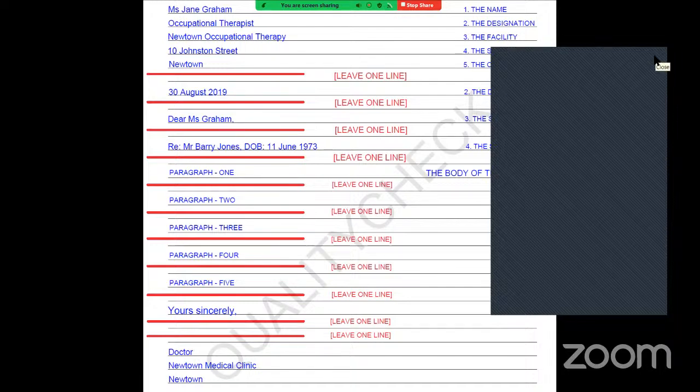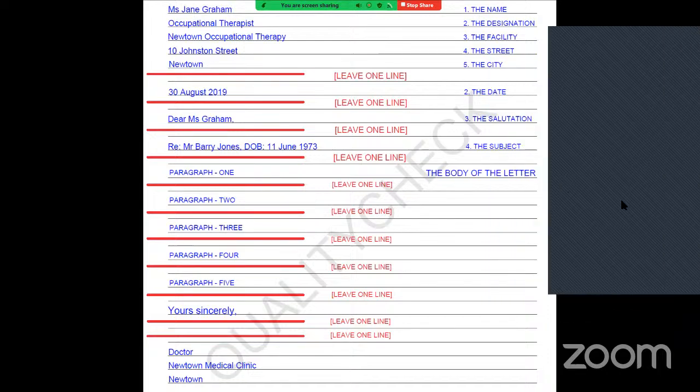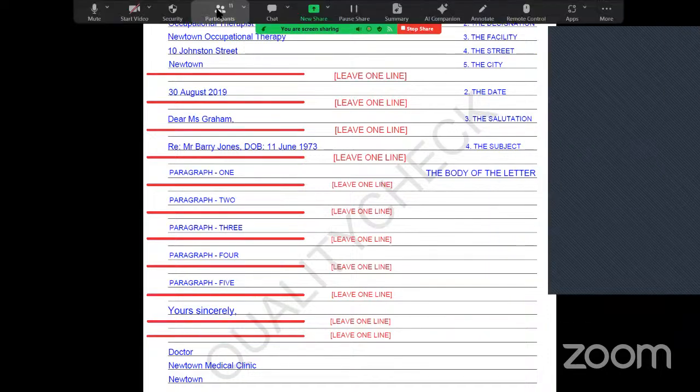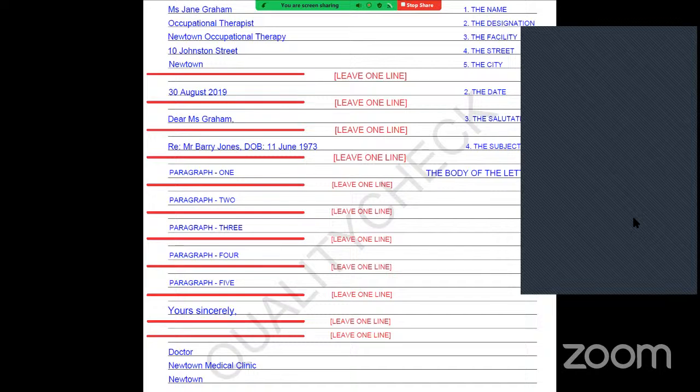Dr. Shabnam, if you are comfortable, you can unmute and speak about whether you understood everything. Is it clear or not?